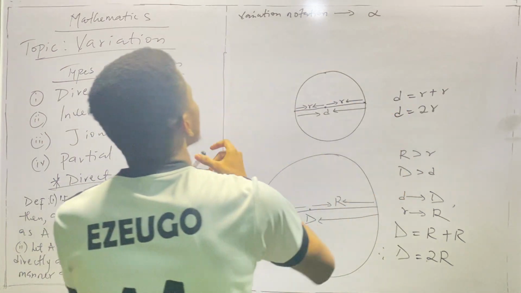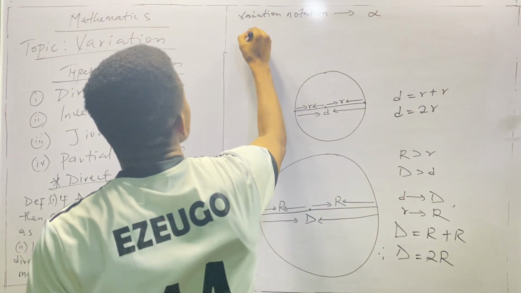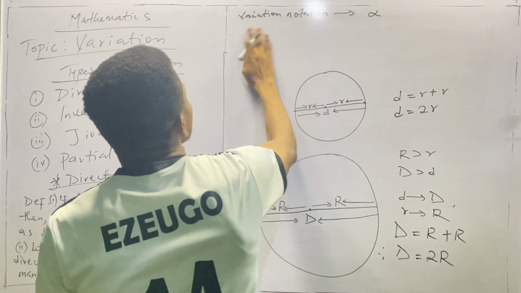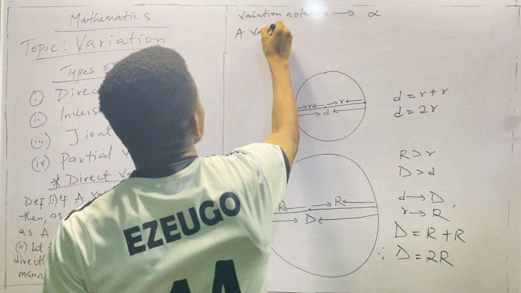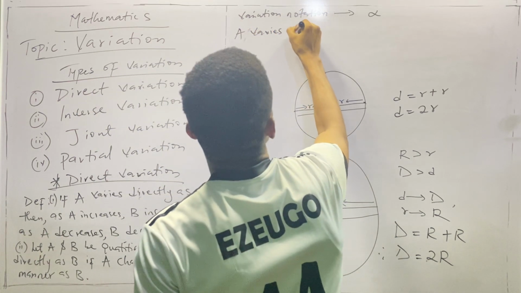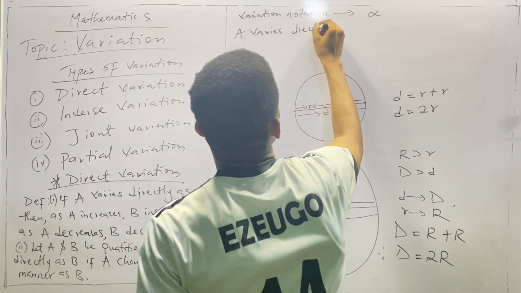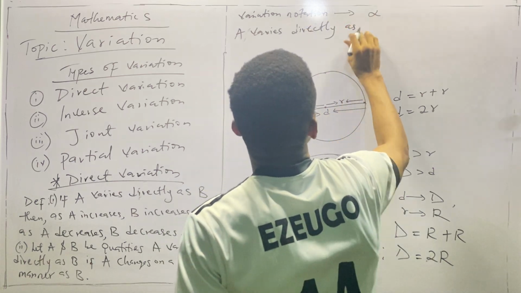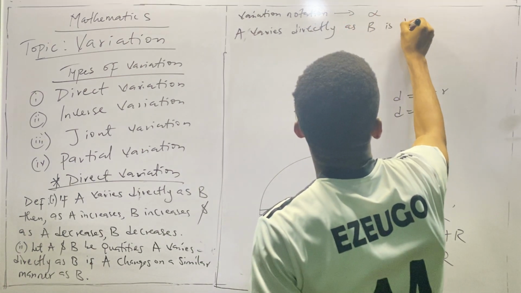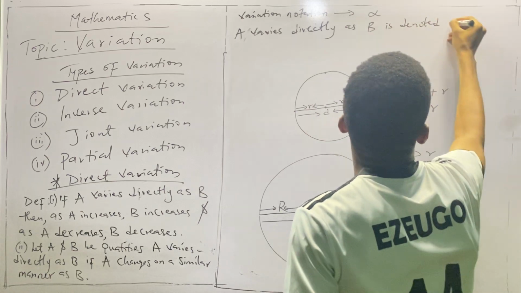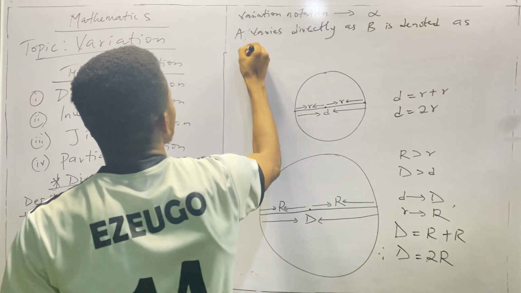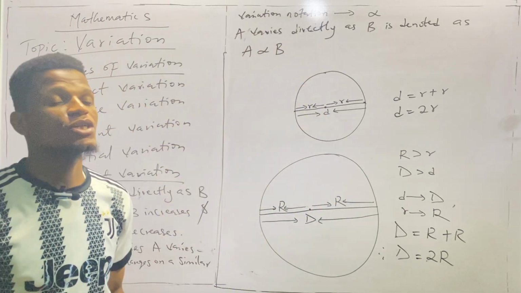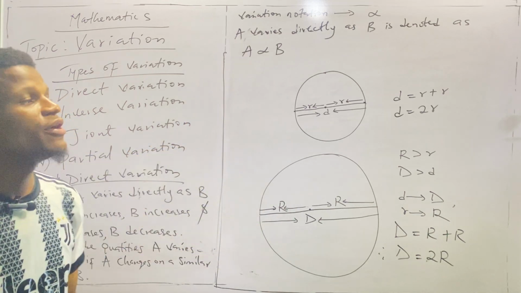So A varies directly as B is written like this: A varies as B. So this is A varies directly as B. So this is how we denote direct variation, all right?